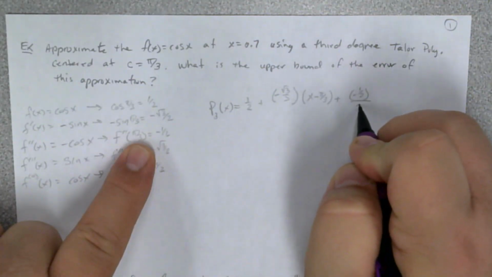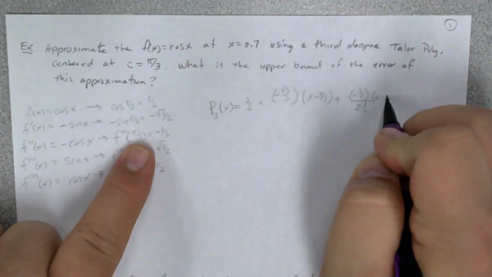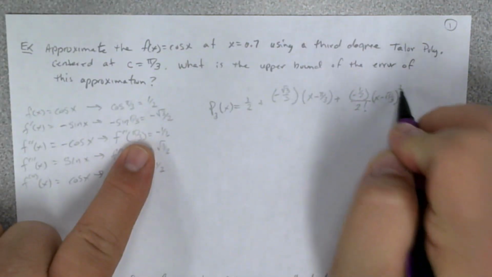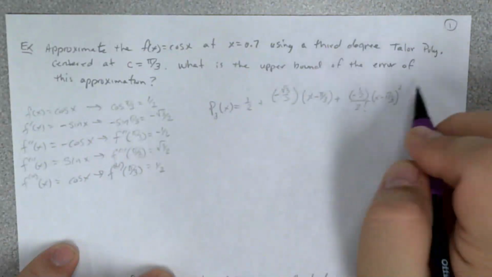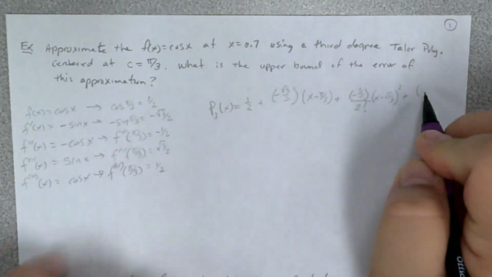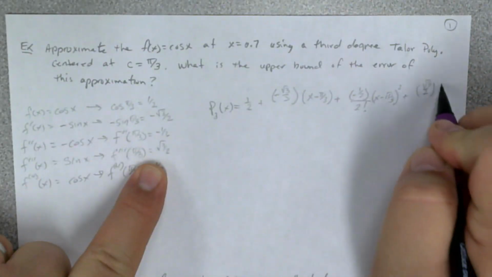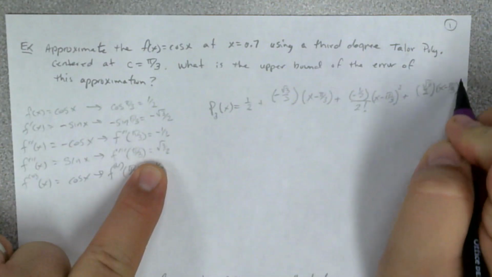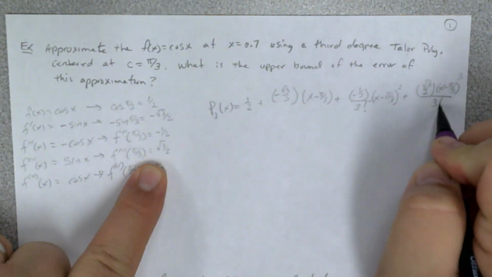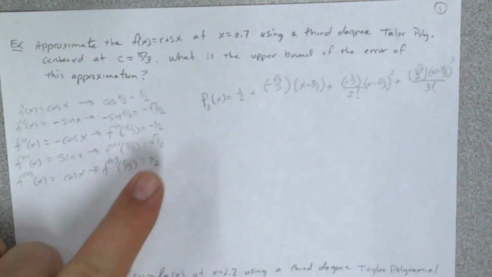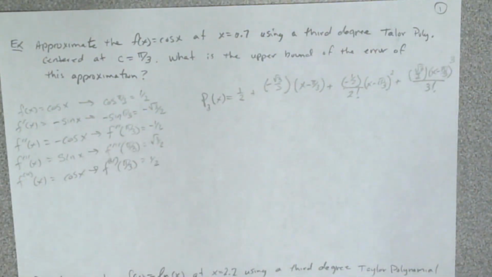This is going to be over 2 factorial, x minus pi over 3 squared. And then we want to do one more, and this one's going to be the third derivative, x minus pi over 3 cubed over 3 factorial. So that's our Taylor polynomial.